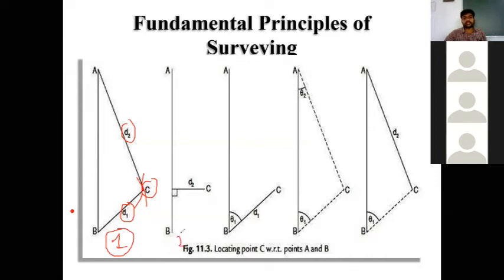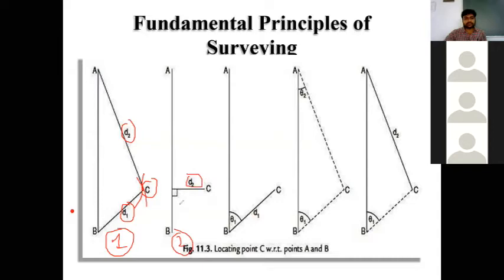And in the second case, again you have the two reference points A and B. Here D2 is given, which is drawn as a perpendicular line with reference to the AB line.